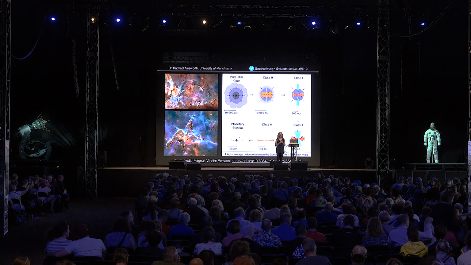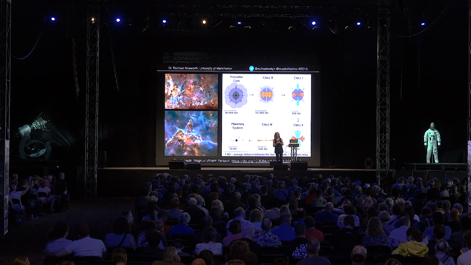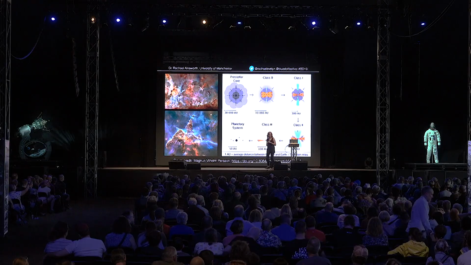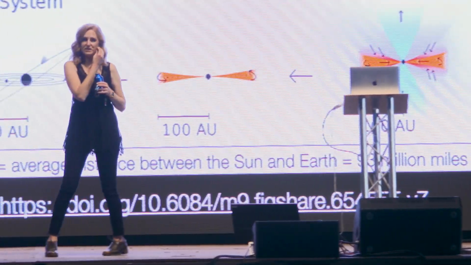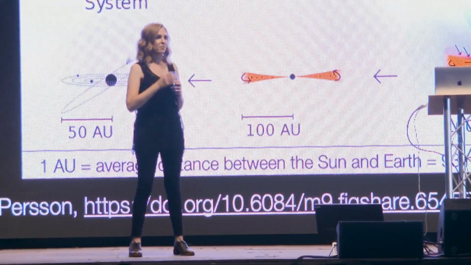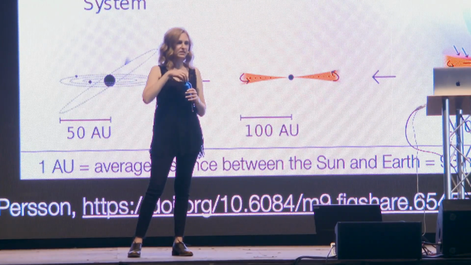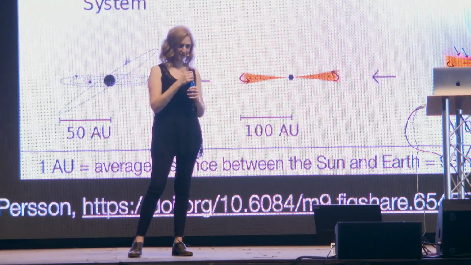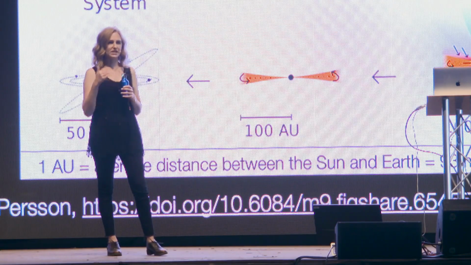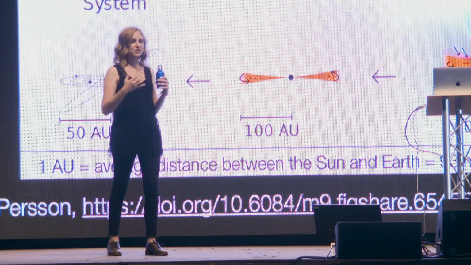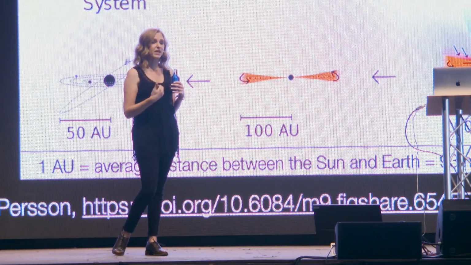How many solar systems have people found? So we're detecting new planets all the time. Because technology is always improving, we haven't quite got to the stage yet where we're able to detect solar systems like our own.